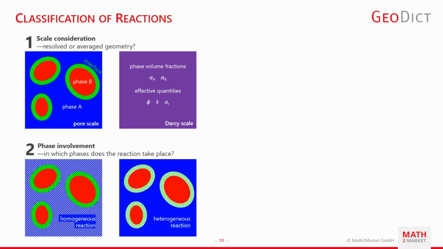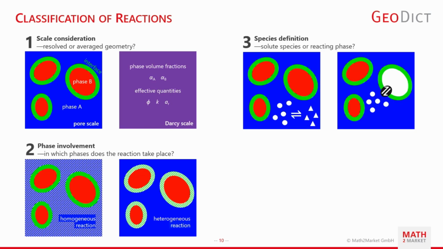Then second, phase involvement. You have to see where your reaction actually occurs that you're interested in. Does it occur in a pure phase, like for example here in phase A? Then we call this a homogeneous reaction. Or does it occur in between two different phases, like here at the interface illustrated in green? Then we would label that a heterogeneous reaction. So phase involvement is the second class.